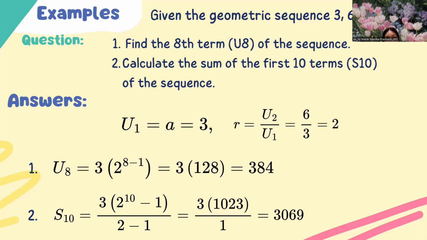In this sequence, we know U1 or A is 3, and the ratio is U2 divided by U1. So we get the ratio is 2.